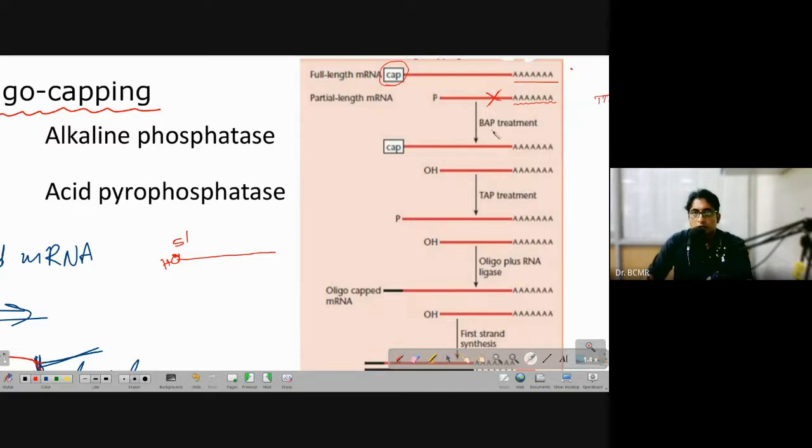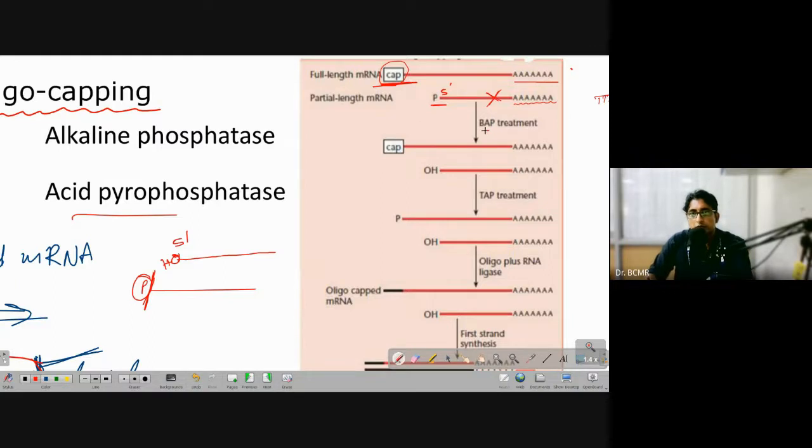Using alkaline phosphatase, we are able to, sorry, I made a mistake. Alkaline phosphatase is going to remove the phosphate alone. I mixed it up with the acid pyrophosphatase one. Okay, let me redo it. So we have the cap, and the truncated ones will have the 5' phosphate.